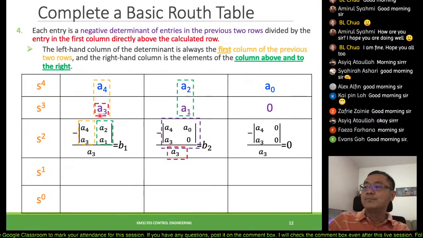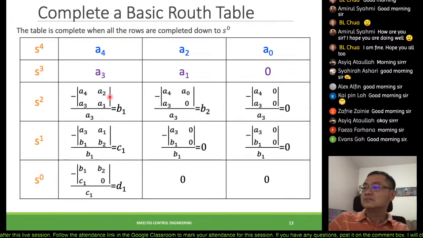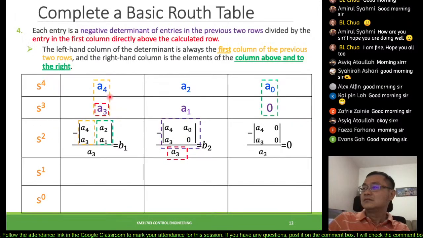The first column of the row above it, so we have A3. This will remain over here.